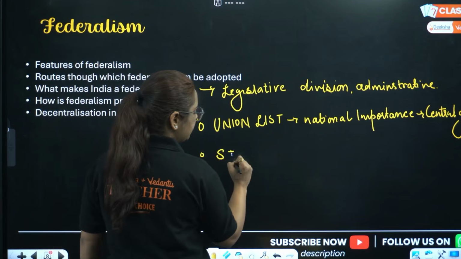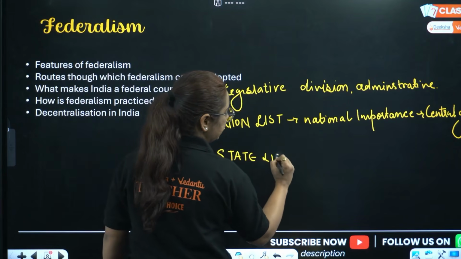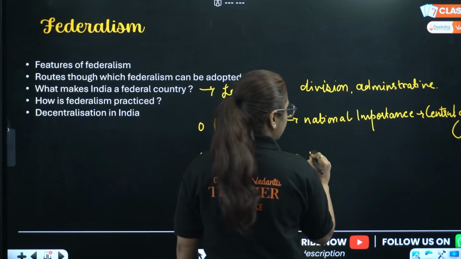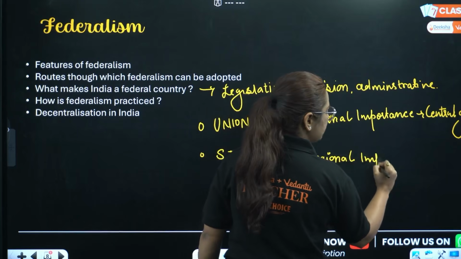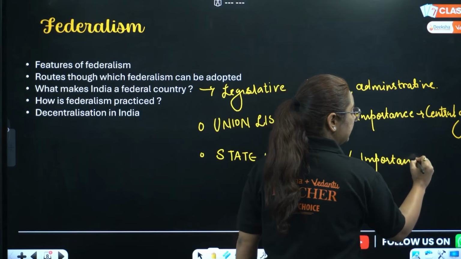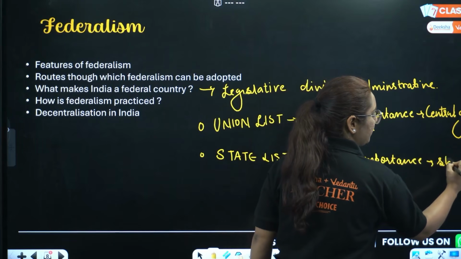The second list is the State List, in which there are topics or subjects of regional importance, and the laws are made by the state government.